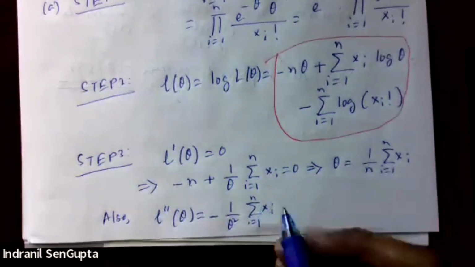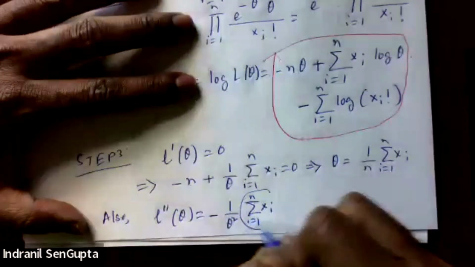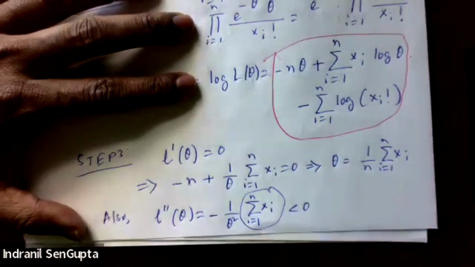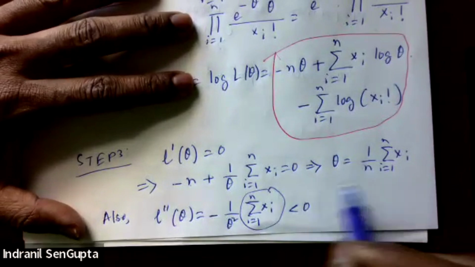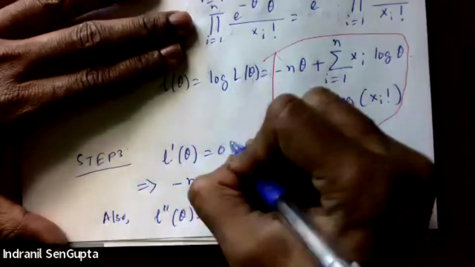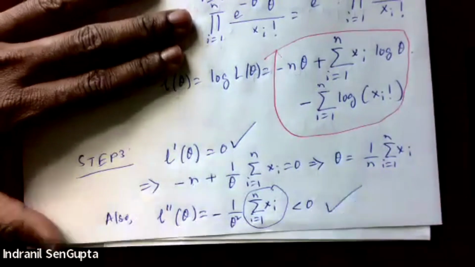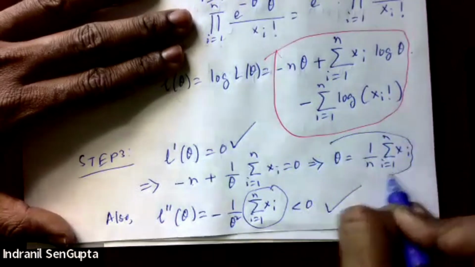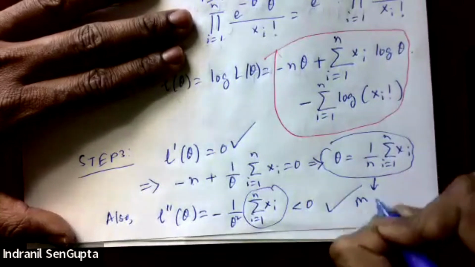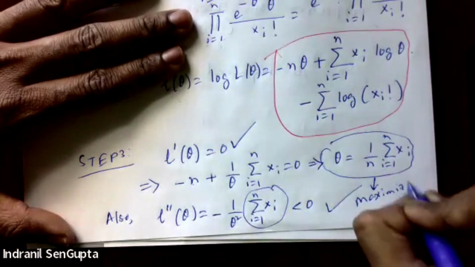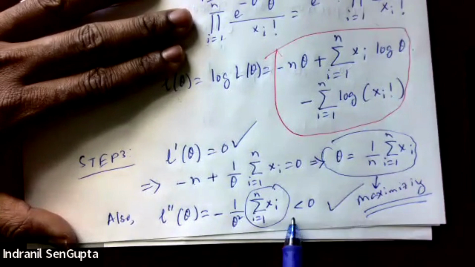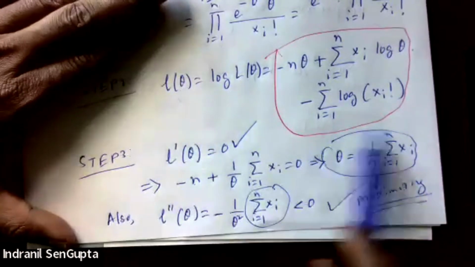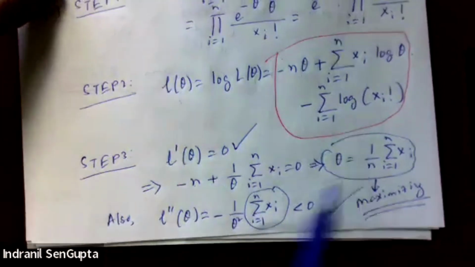My samples are drawn from a Poisson distribution, so everything is positive here. Theta is also positive, so this number is negative. Hence we really maximize, because remember that L prime theta is 0 and L double prime theta is less than 0. That means that this theta, whatever this value is, is actually maximizing. It's from calculus: if the second derivative is positive, it's minimizing, but we really want the maximizer. So here it's fine.